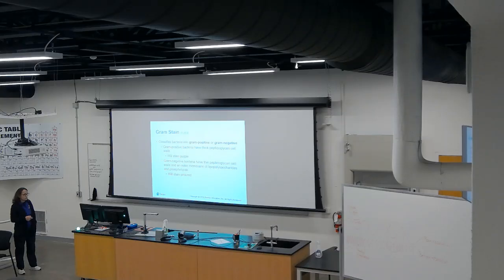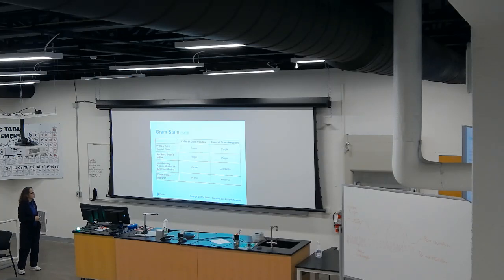As well, something that your alcohol, your decolorizing agent, is going to do is basically create holes in the lipopolysaccharides and phospholipids of the membrane, and that will allow the exiting of this crystal violet in gram-negative only.